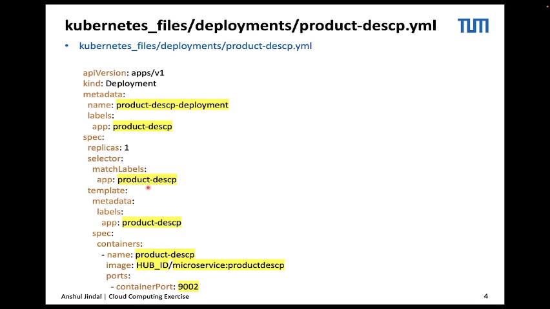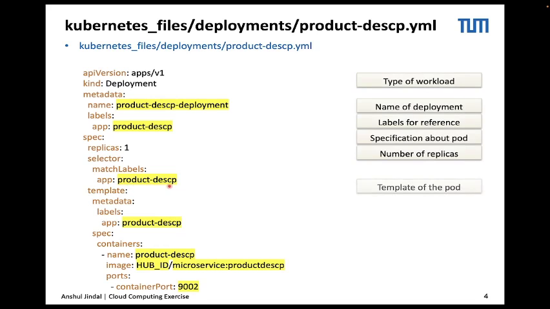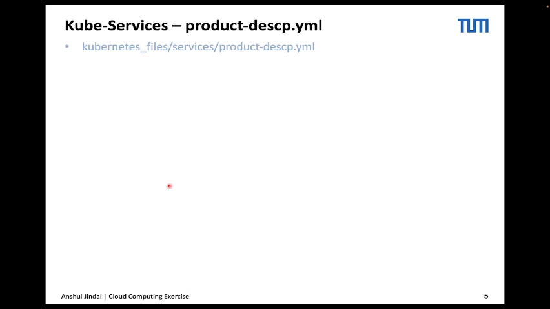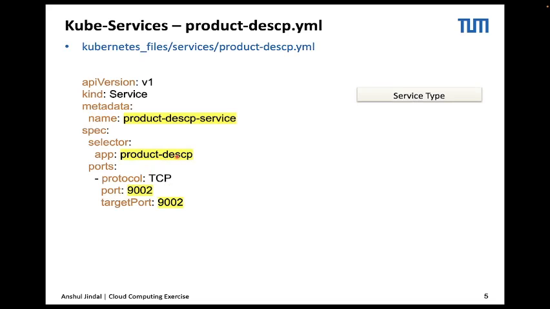If you specify a product description here, then in the services it also has to be the same product description. If you mismatch these 2 things, Kubernetes will not be able to send the request from the service to the actual pod which is running there. So it's used by the Kubernetes service as a selector for which pod this is, and then sends the request to that particular pod itself.